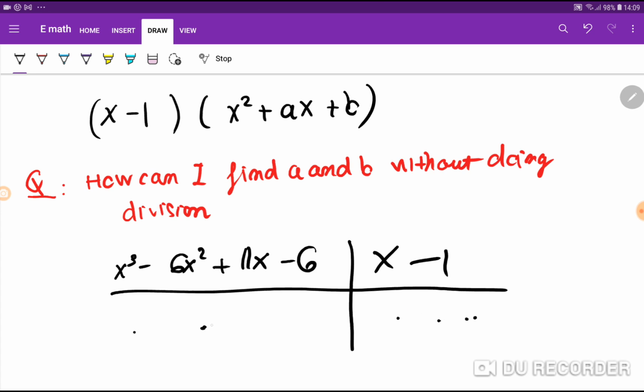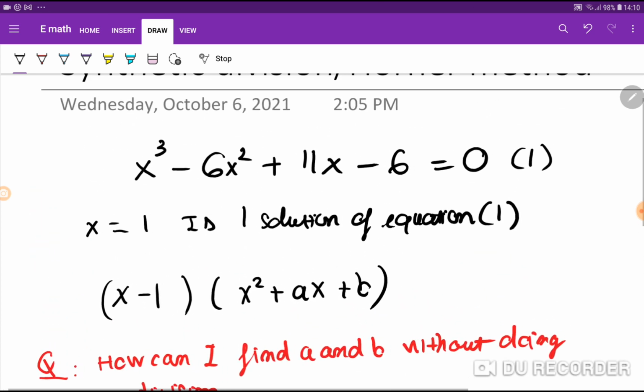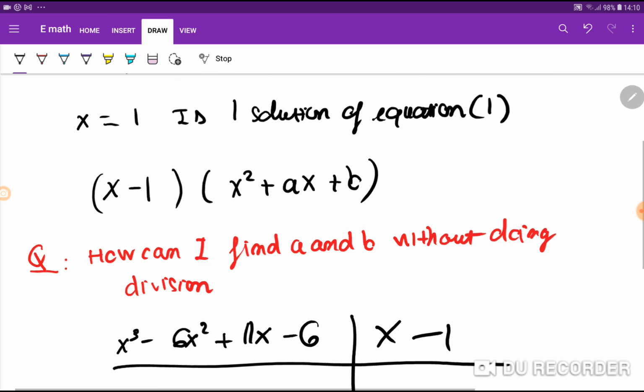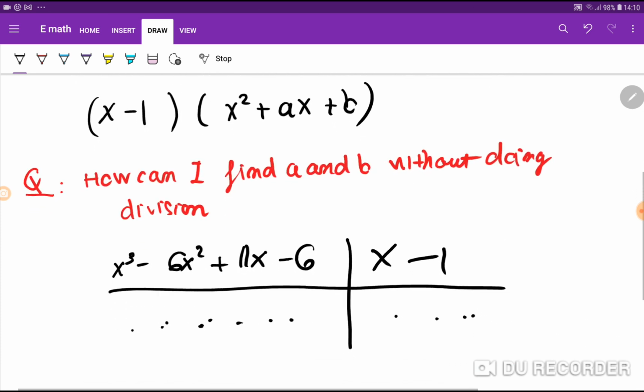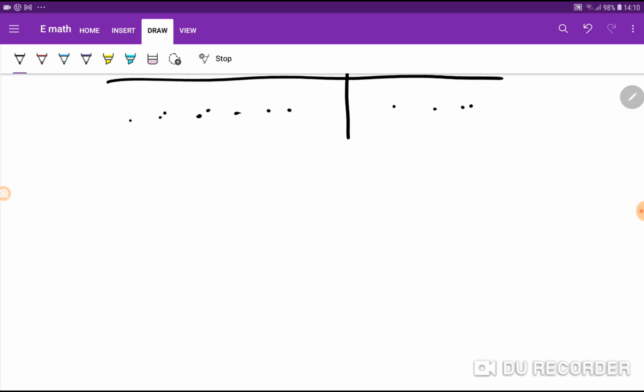They get this, and they find x squared plus ax plus b, right? But we're not going to do it today. We're going to do something different, but we can still find a and b.